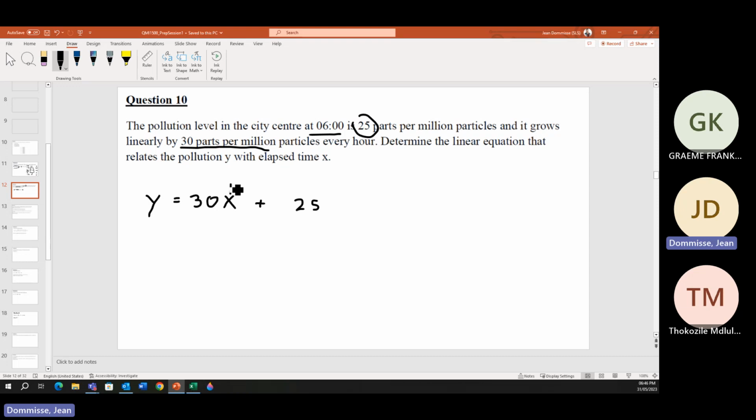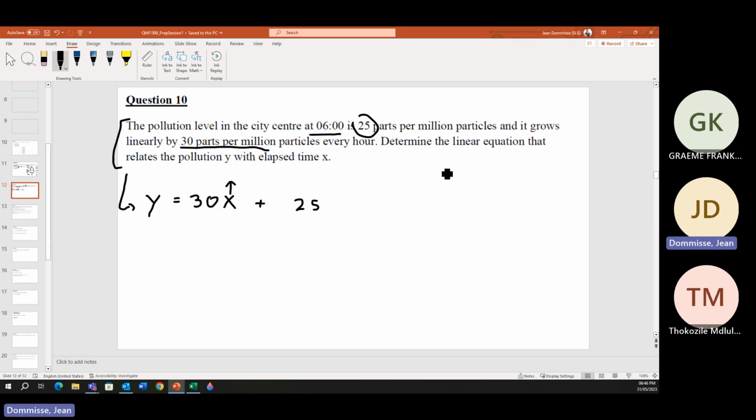So every time we go up an hour, it goes up by 30. So if it is 2 hours, it will go up by 60. If it's 3 hours, so in words, this is actually just the formula that they wanted.